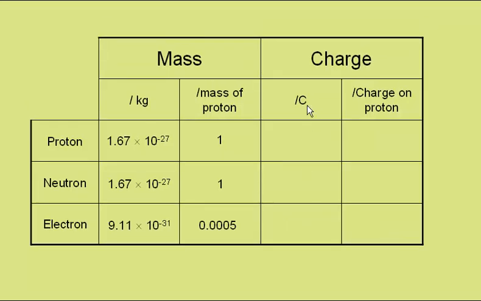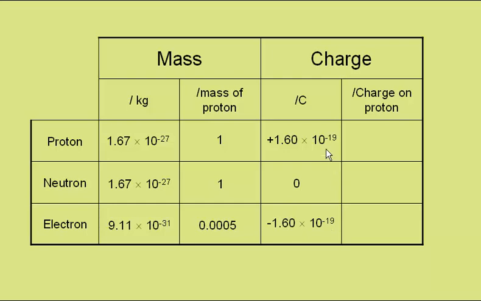The charge in coulombs, well, the proton is positively charged at plus 1.6 times 10 to the minus 19 coulombs. The neutron, as the name suggests, is neutral with 0 charge, and the electron has minus 1.6 times 10 to the minus 19 coulombs.